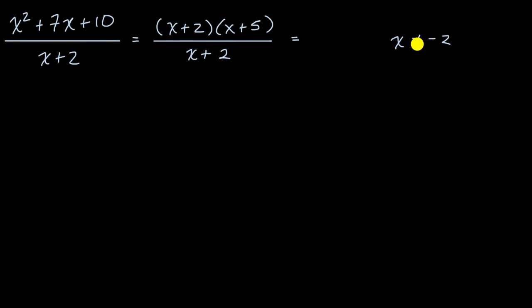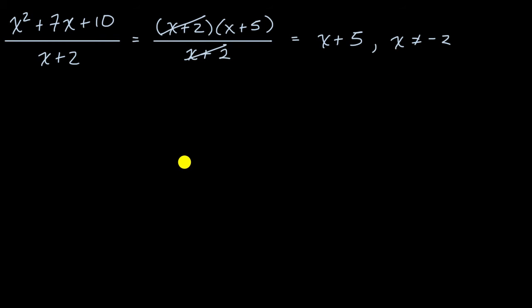So for any other values of x, this x plus 2 will be non-zero, and we could divide the numerator and the denominator by that, and they would cancel out, and we would just be left with x plus 5. So another way to think about it is that our original expression could be viewed as x plus 5 for any x that is not equal to negative 2.